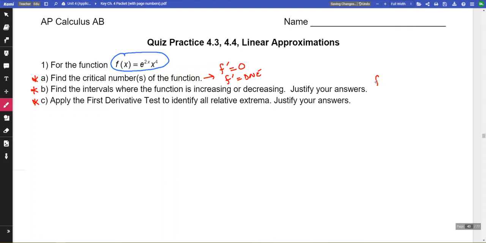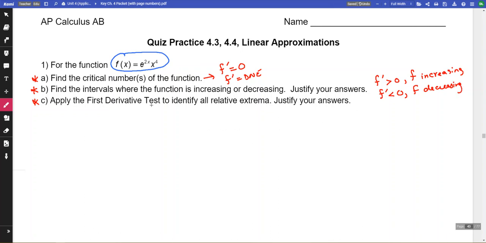I know that if f prime is greater than 0, then f is increasing. And conversely, if f prime is less than 0, then f is decreasing.